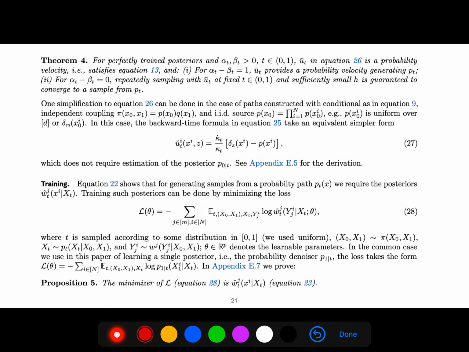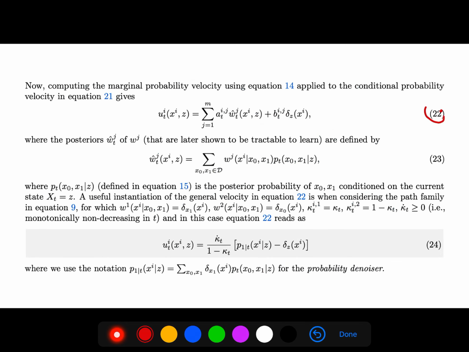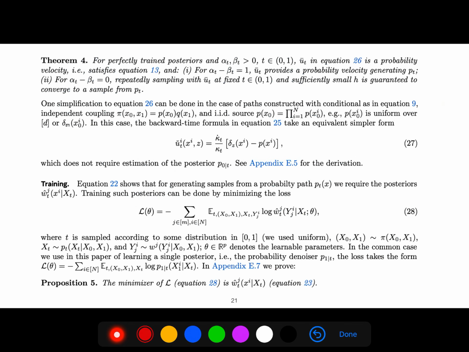But for training here, they use this loss. Equation 22 is the marginal probability velocity. If you apply it to conditional probability, it gives this. And now equation 22 shows that to generate samples from the probability path, we require the posteriors omega hat, W hat.